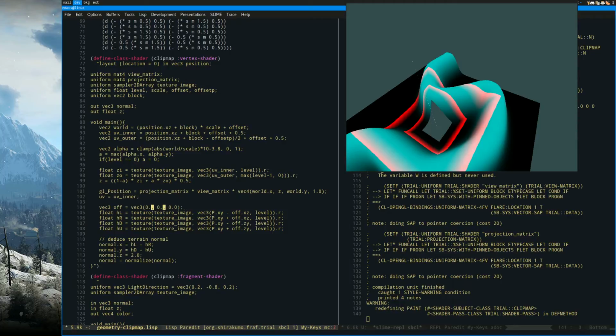What the hell? Not like this. And that's UV and... Wait, what? XZ. This terrain business reminds me of a puzzle. Oh, I see what they're doing. Okay.